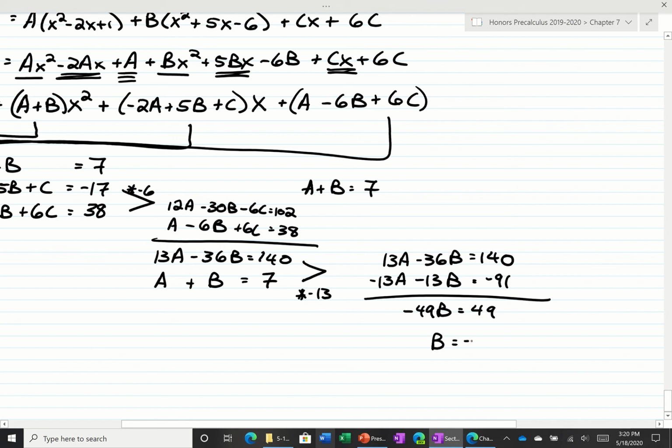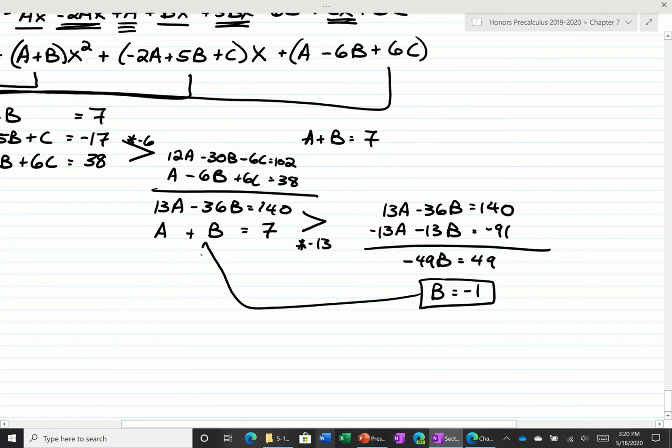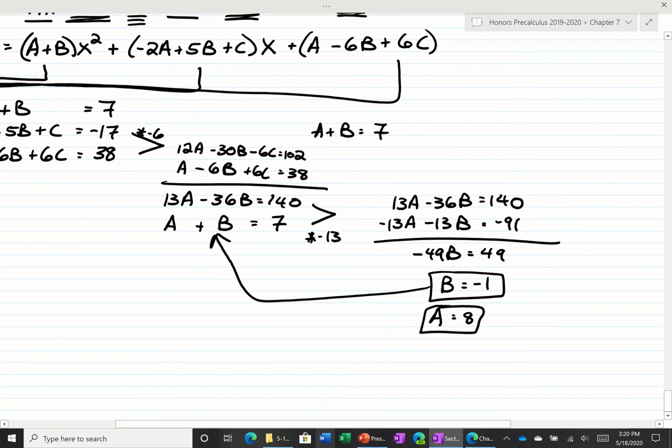So b would be -1. If b is -1, we get that a would be 8. And if we plug both into one of the originals, you'd get that c is equal to 4.